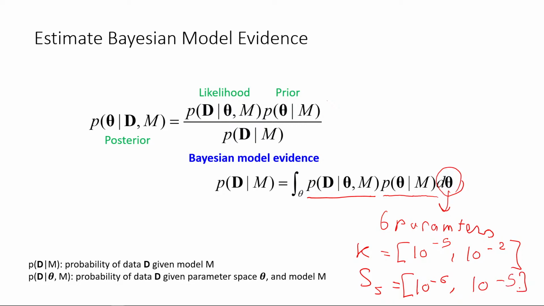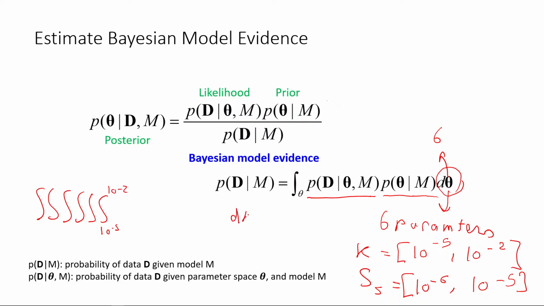I'm just making these numbers up. If I formulate this problem, remember it was 6 parameters, so I will have 6 of these, 1, 2, 3, 4, 5, 6. And each of these, like the hydraulic conductivity, would be from 10 to the power minus 5 to 10 to the power minus 2.